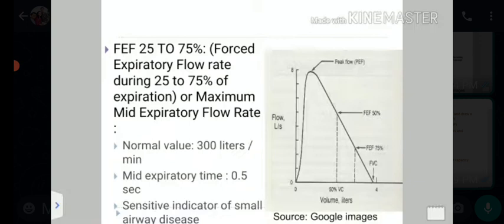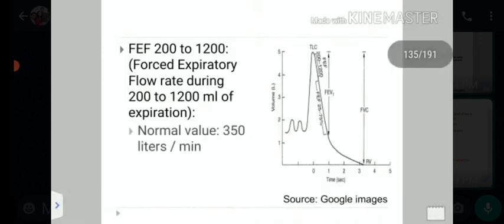Another parameter is FEF 200 to 1200, meaning forced expiratory flow during 200 to 1200 ml of expiration. You can see in the diagram, this is the FEF 200 to 1200 ml.